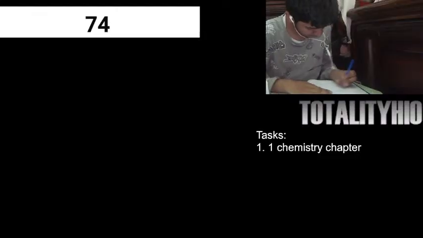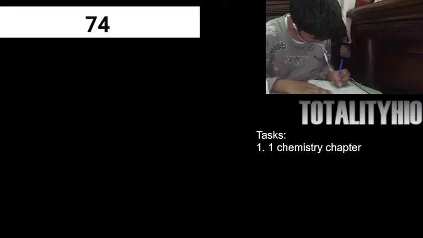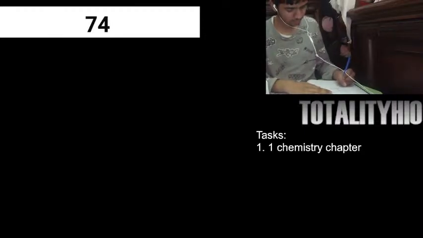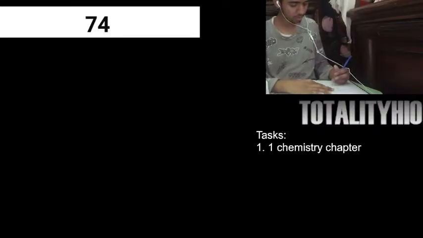Kp. Kp equals Pc to the C times Pd to the D, divided by Pa to the A times Pb to the B. Now PV is equal to nRT, which means that P is equal to n by V times RT. So P is equal to the concentration of the gas multiplied by RT.